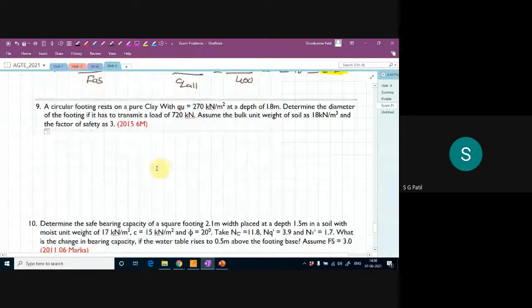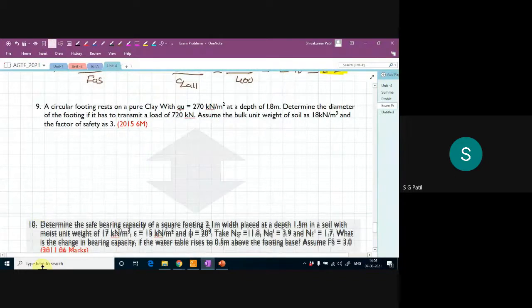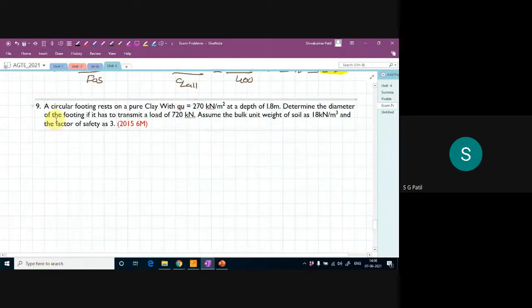What are they telling you? See, a circular footing is coming here in the 9th problem. The circular footing rests on pure clay, they are telling. On pure clay, that means only C will be there. There will not be any phi. Phi will be 0 here.